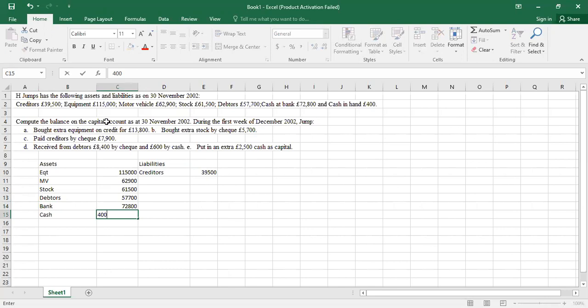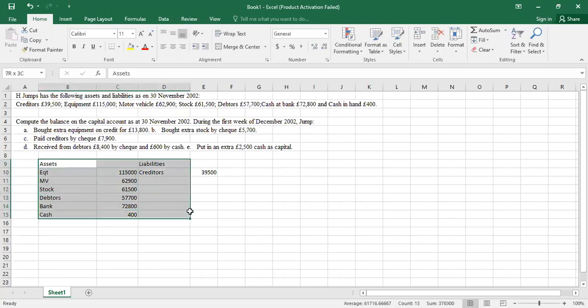So the first thing we are supposed to do, we've been told to compute the balance on the capital account as at 30th November. During the first week of December, Jump did the following transactions. Even before we jump to December, we need to compute our capital. We've not been given the value of capital, but can we get it?